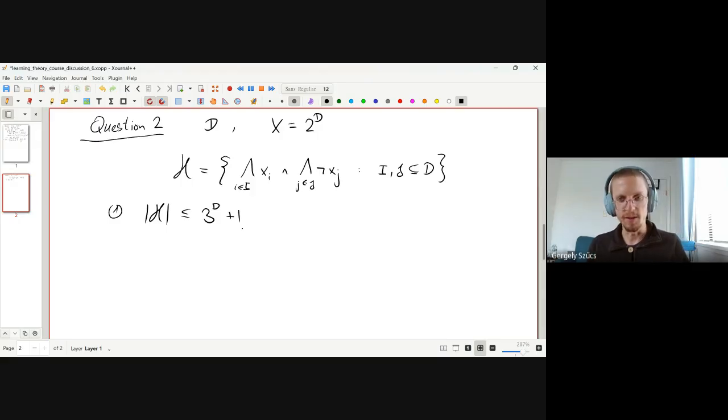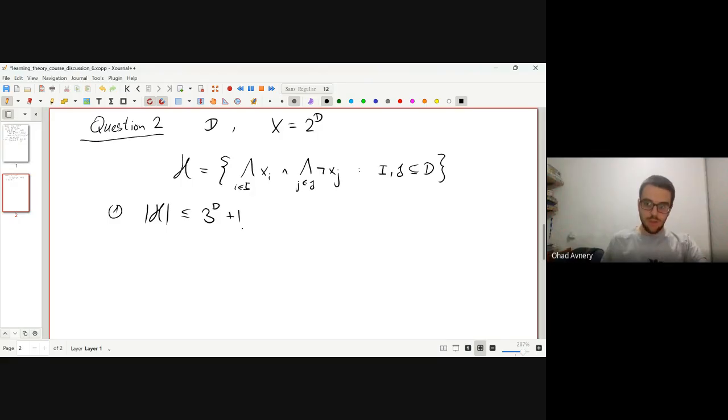Ohad, could you walk us through the solution? Yeah. So for the first part, first of all, I exclude the special conjunction that forms a contradiction, because if I and J are not disjoint, then the resulting function always gives false.